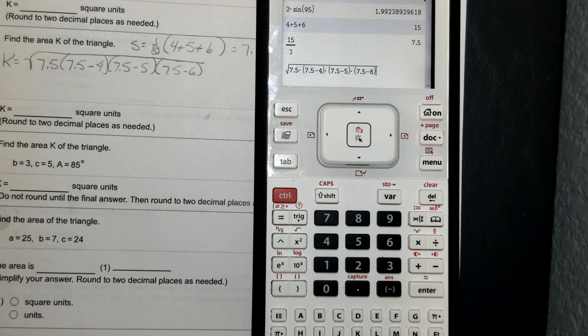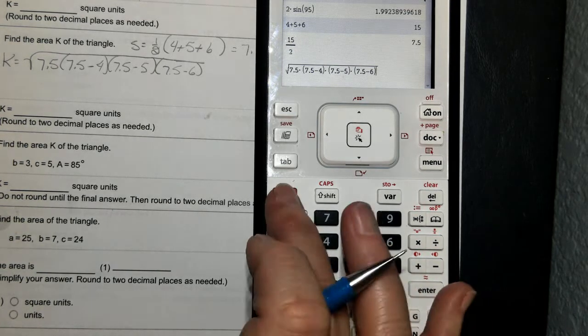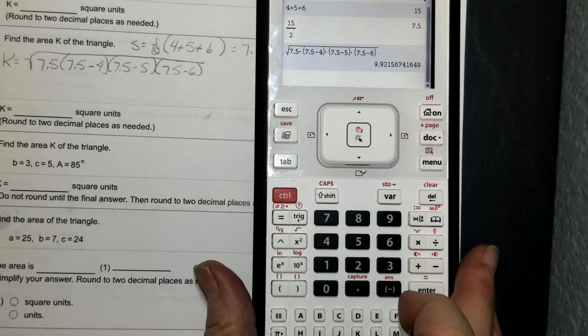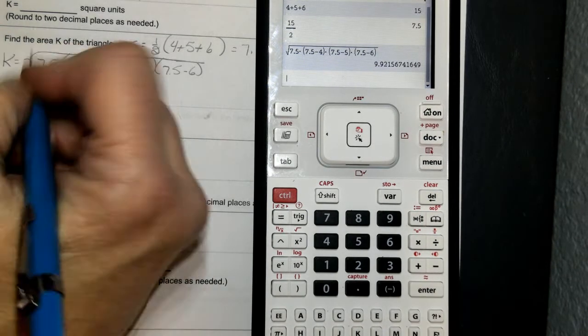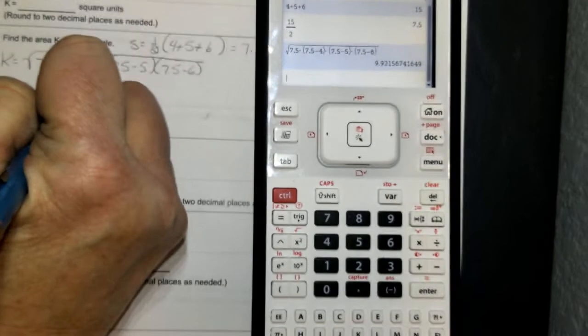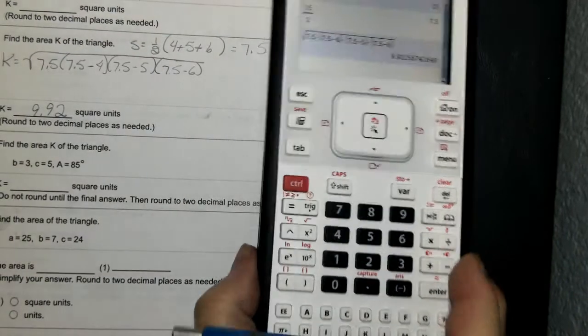All right, look at that. That's our formula. Every 7.5 is an S, and the other three numbers are A, B, and C. Let's see what that answer is. And we get 9.92. There we go.